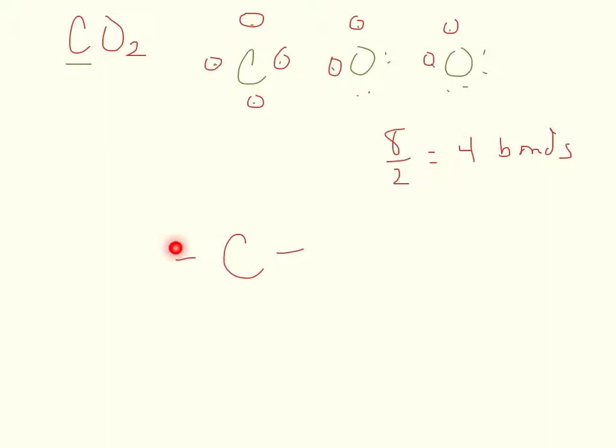And so what I'm going to do is make a double bond here. Now, does that satisfy things? Well, carbon has 2, 4, 6, 8 electrons. That satisfies the central element, and let's add unshared electrons to satisfy our terminal, or oxygen.